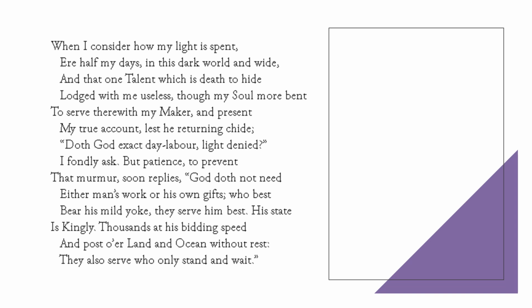We'd be able to have a better understanding of the structure and rhyme scheme of an Italian sonnet by looking at an example. This poem is by John Milton, and it is When I Consider How My Light Is Spent.